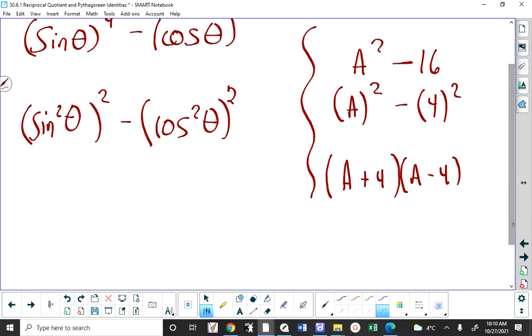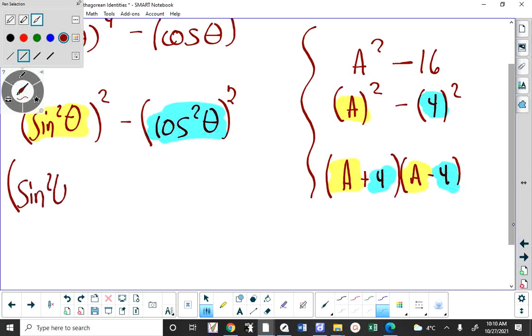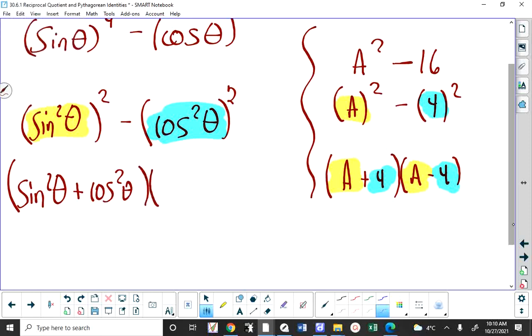Whatever is in brackets here goes here, and whatever is in brackets here goes here, and then you put plus or minus. So this is going to factor into sine squared of theta plus cos squared of theta times sine squared of theta minus cos squared of theta.